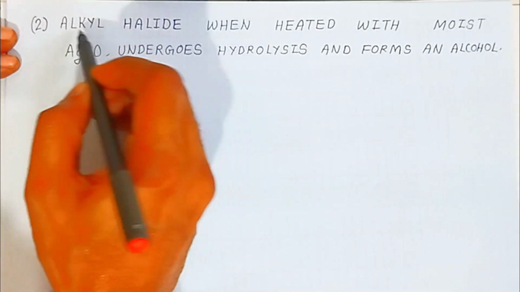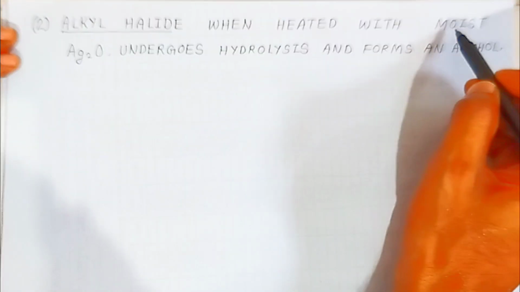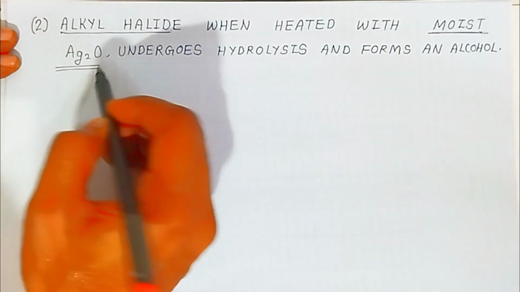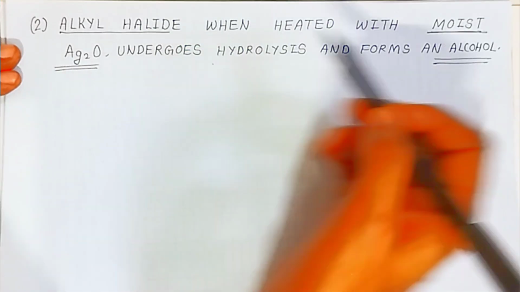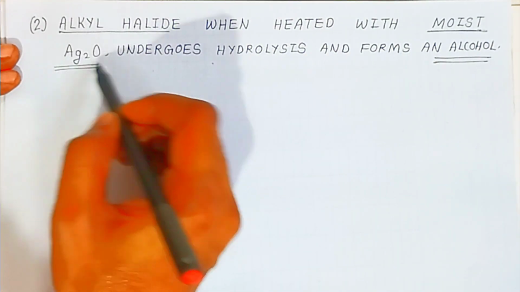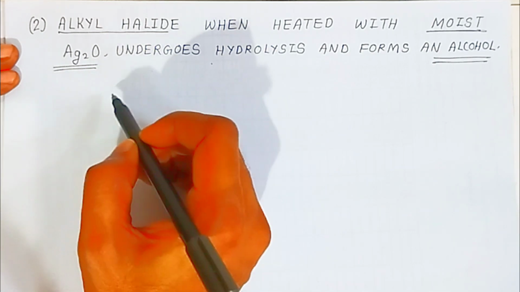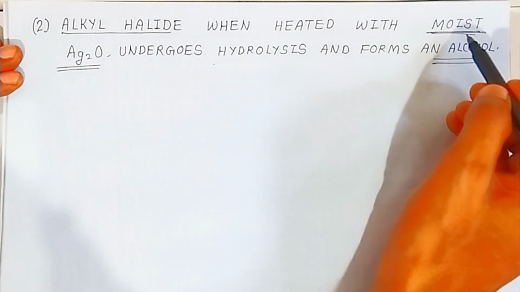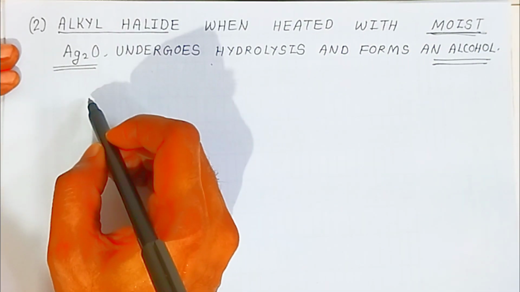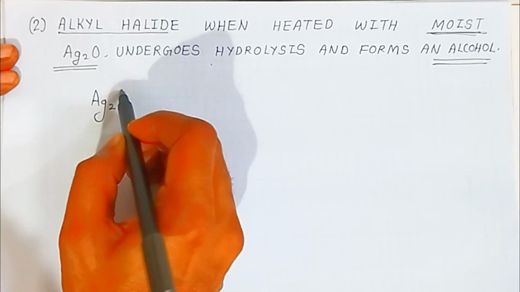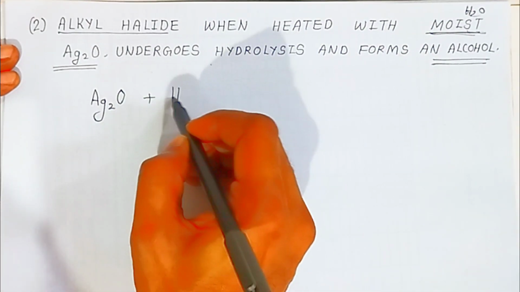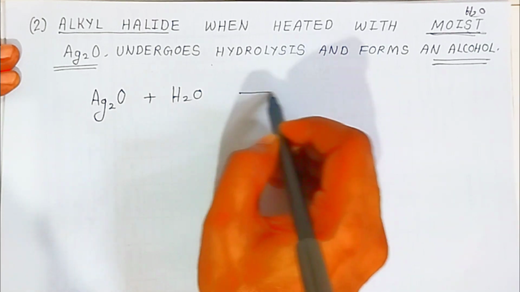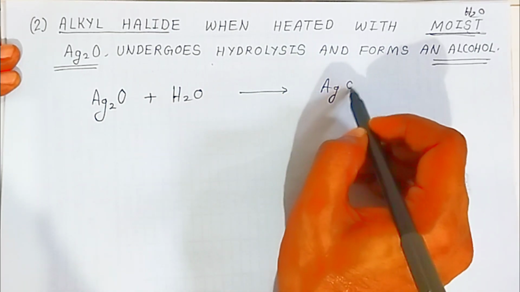Again students, when alkyl halide is heated with moist silver oxide, it undergoes hydrolysis and forms alcohol. When you talk about moist silver oxide, moist stands for water. When silver oxide, Ag2O, reacts with moist, meaning water H2O, it will produce silver hydroxide AgOH.